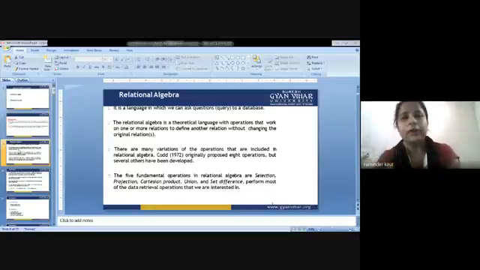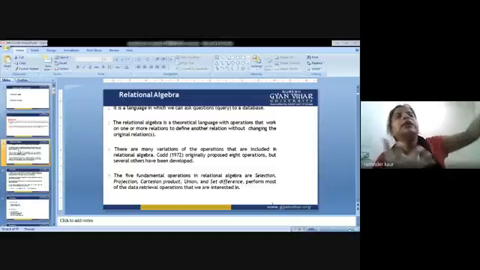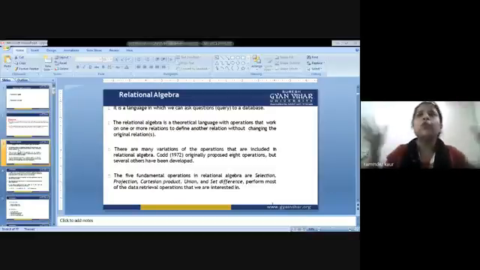Relational algebra is about defining a relationship between two tables, simply a relationship between a student entity and a teacher entity. How do we define a relationship between a student and a teacher table? What are the various parameters required to maintain a relationship between the two parties?